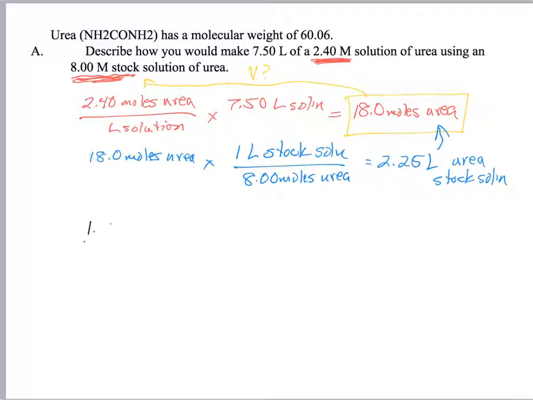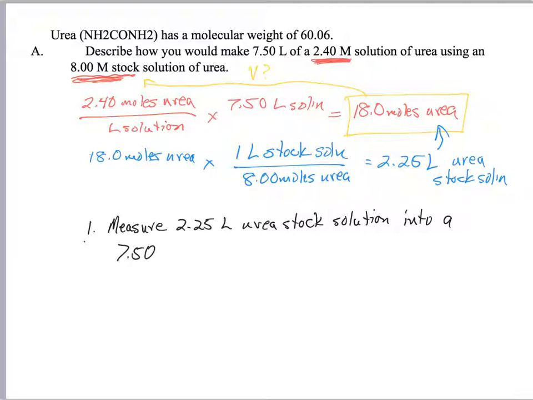So we're going to measure 2.25 liters of the urea stock solution into a 7.50 liter volumetric container.